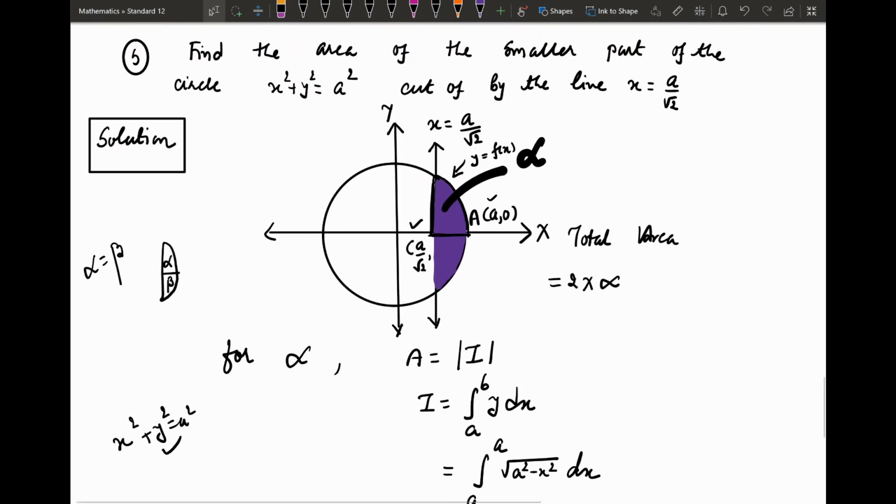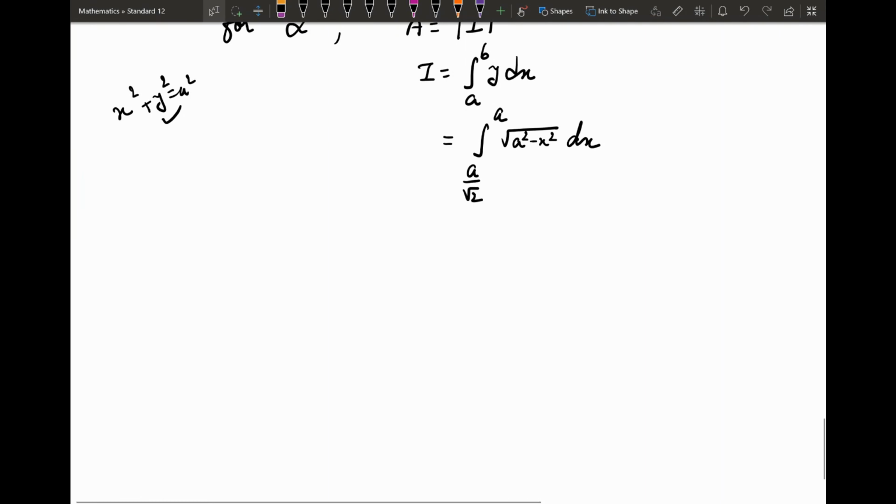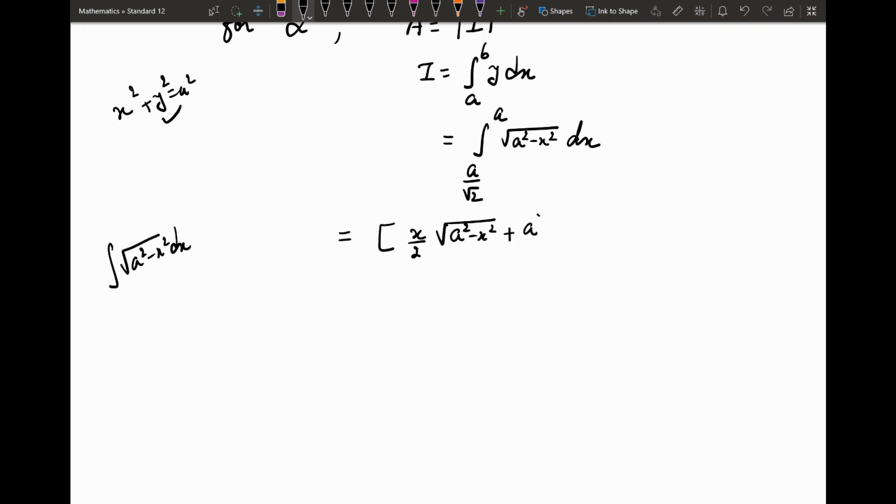When we integrate this according to the formula for under root a square minus x square dx, which we have already mentioned in the previous example, we get x by 2 under root a square minus x square plus a square by 2 sin inverse x by a, from a upon root 2 to a.